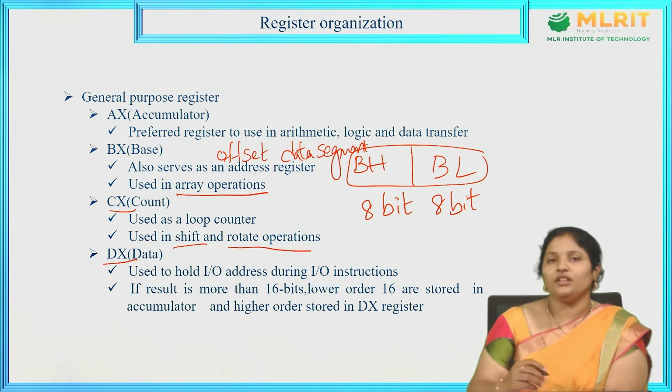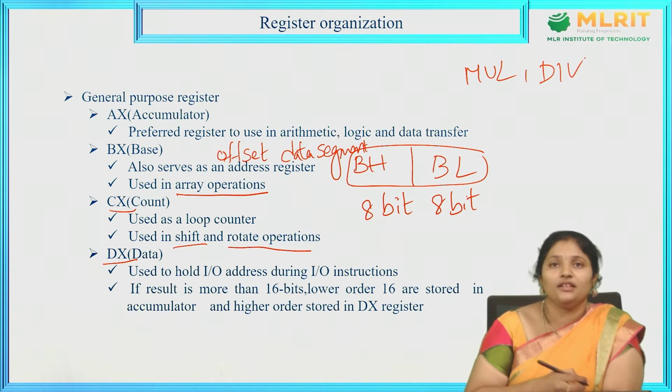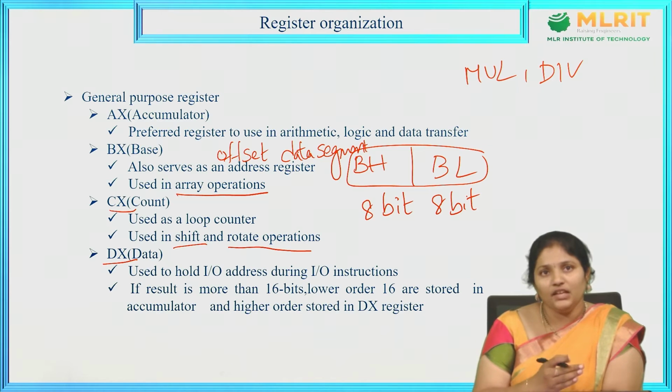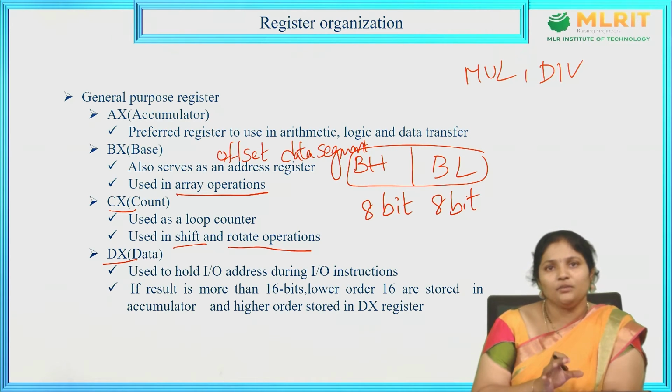In multiplication and division operations in 8086, when we multiply 16-bit data by 16-bit data, the output will be greater than 16 bits. If the output overflows the 16-bit register, then the second register is used to hold the higher part of the output.